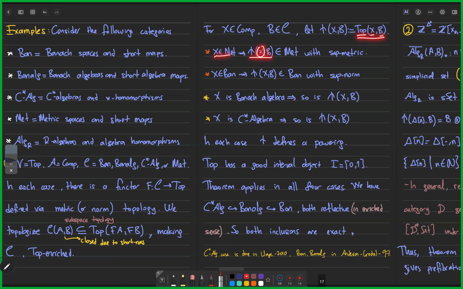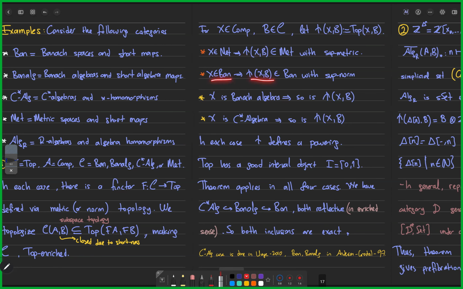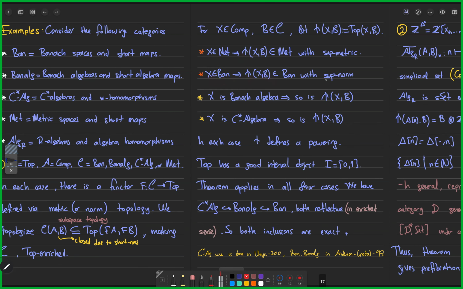Remember here, X is compact Hausdorff, so it automatically has a metric space structure with the sup metric. Similarly, if B is a Banach space, then we can define a sup norm on it, and it automatically becomes complete because X is compact Hausdorff.